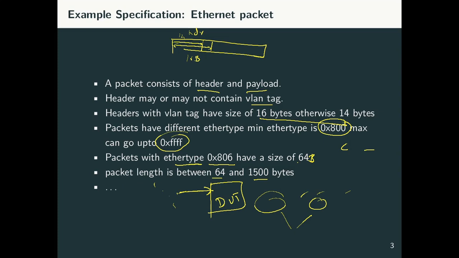That's option number one. Or else we put a large for loop, so a multi-dimensional for loop, which says for header length between 16 and 14, or for VLAN tag between true and false, ether type from 800 to all the possible ether types, and then packet length from 64 to 1500, and then start putting our if-else conditions in this multi-dimensional for loop to decide whether the generated packet would be valid or not.